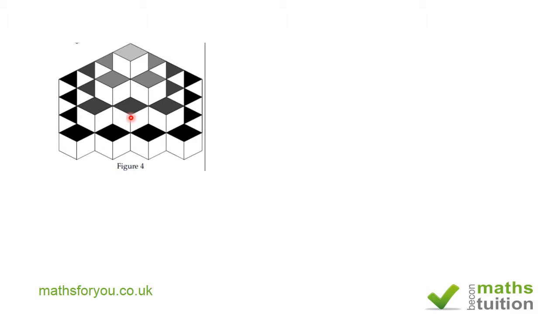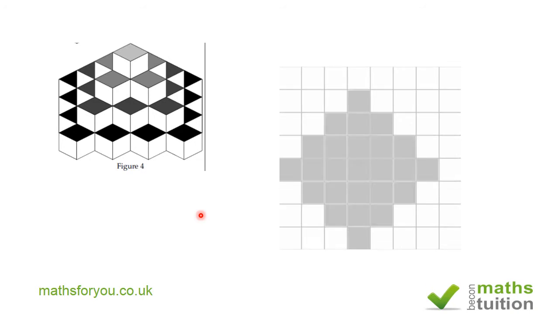Okay. Now for the next one, there should be 5. 1, 2, 3, down 4, and then 5. So you're going to have 1, 3, 5, 7, 5, 3, 1. Because it's symmetrical, you go 1, 3, 5, 7, and then 5, 3, 1. So the plan view for the bottom layer of figure 4 is going to be something like this one here.